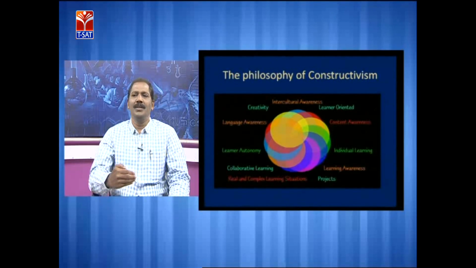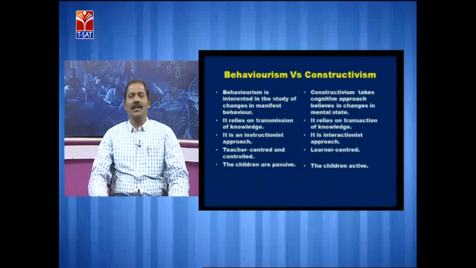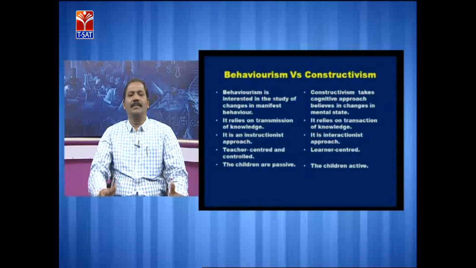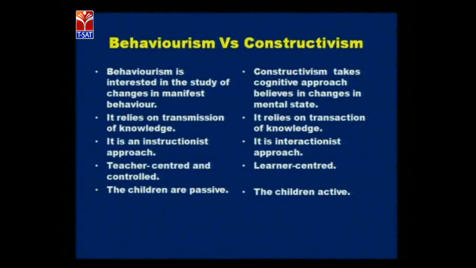And you can also see the learners are always engaged in projects. So if you understand these concepts, I think the whole philosophy of constructivism can be understood very easily. Now, of course, let us take our discussion forward by bringing in behaviorism and constructivism. Let us compare both of them.